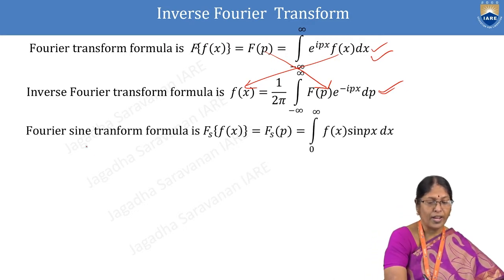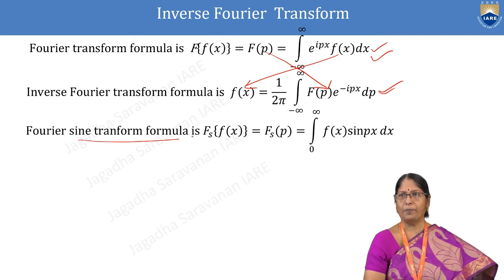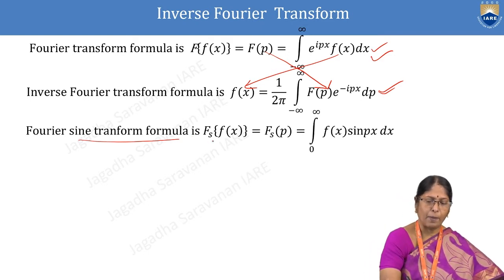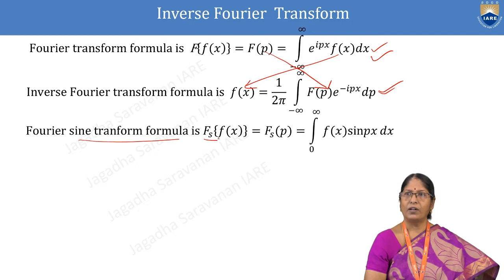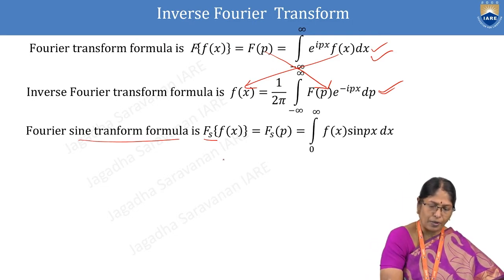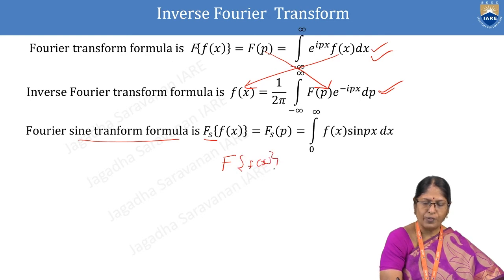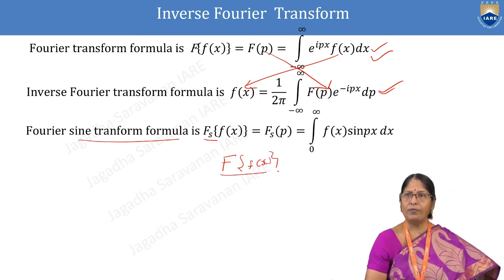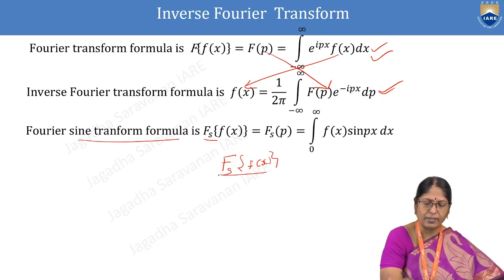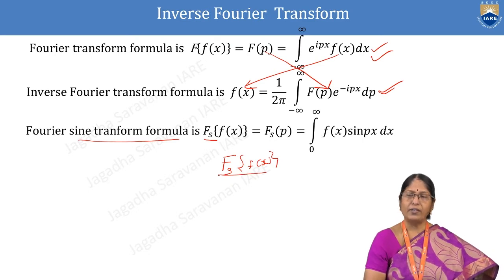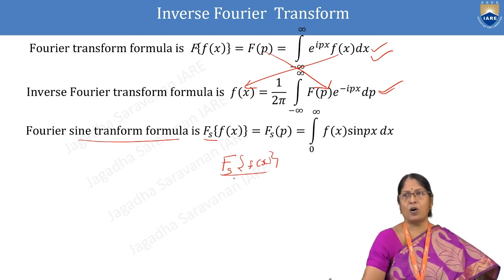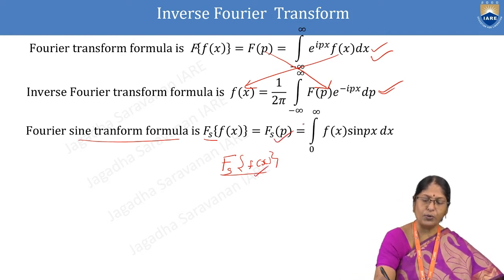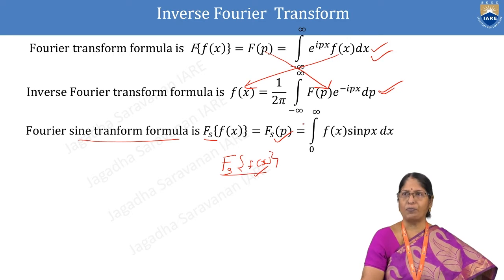Next, the Fourier sine transform formula. Capital Fs denotes the Fourier sine transform. If it is only F of x, we read the Fourier transform of the function f of x, but if s is there, we read the Fourier sine transform of the function f of x, which is equal to capital Fs of p.